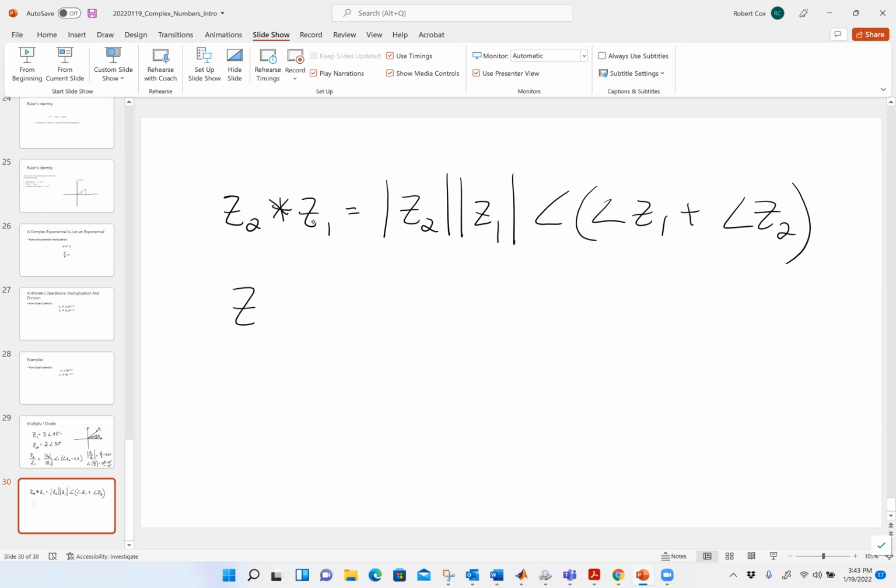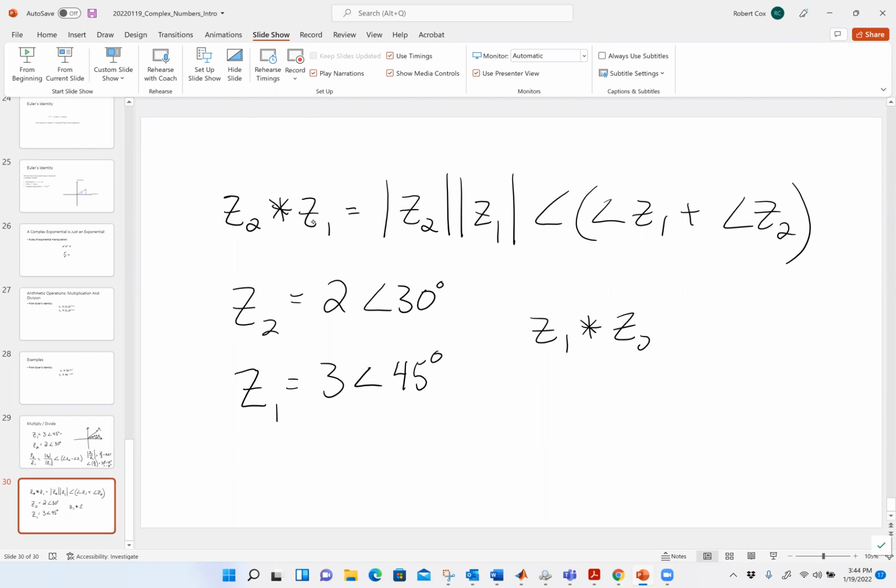So for the example I had there, Z2 is 2 angle 30, and this was 3 angle 45. What would be Z1 times Z2? 6. Yep, 6 with what angle? 75. 75 degrees. Okay.